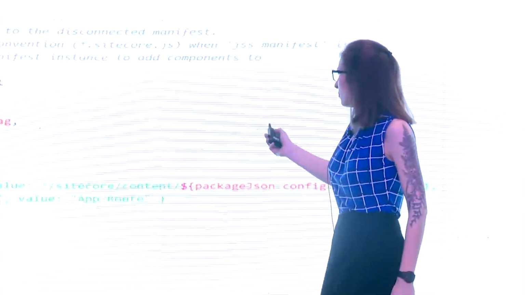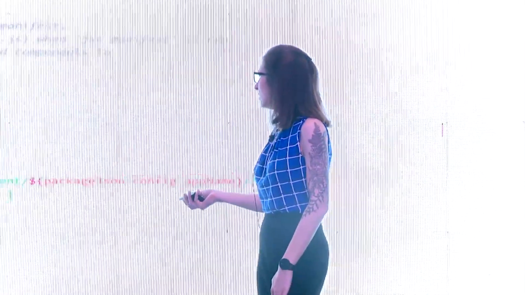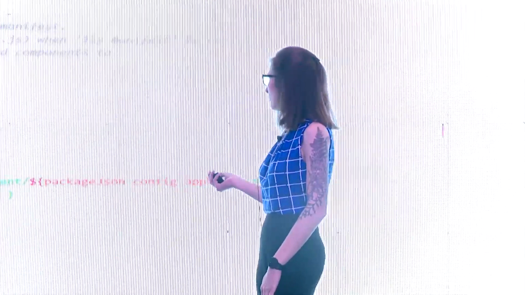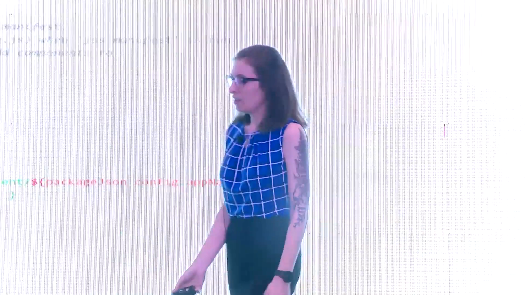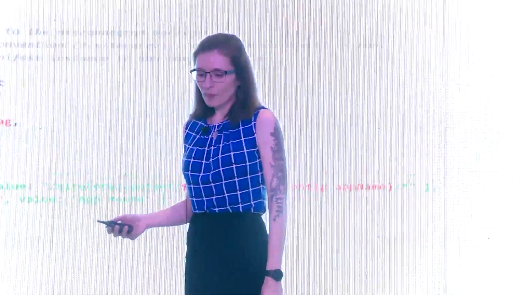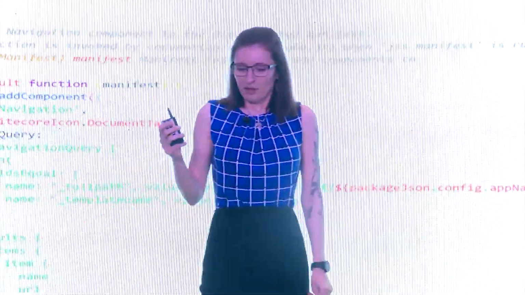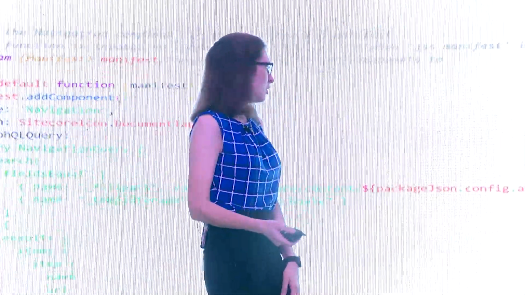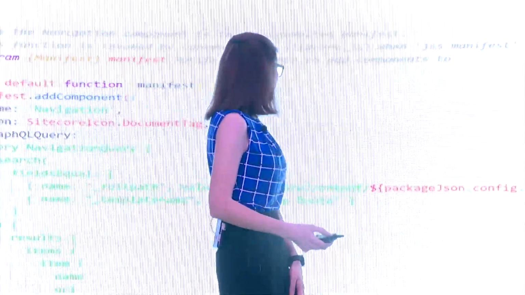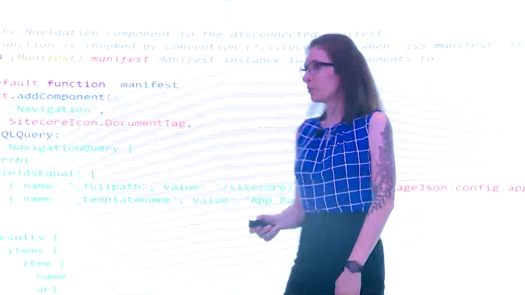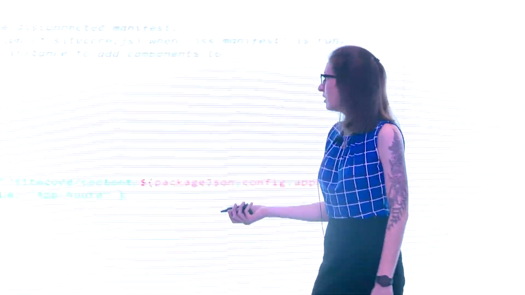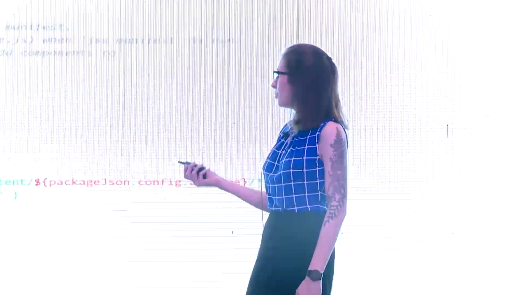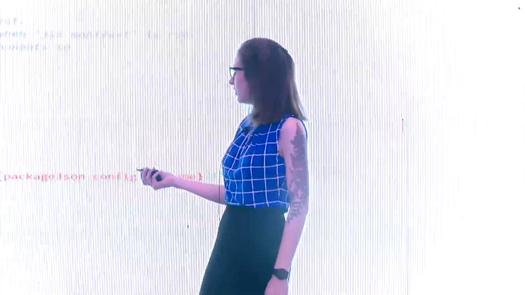Here I have the query directly in the component definition, in the template definition. This will run on the server when your page is loading, and it will replace the fields property of your component with the results of the query.